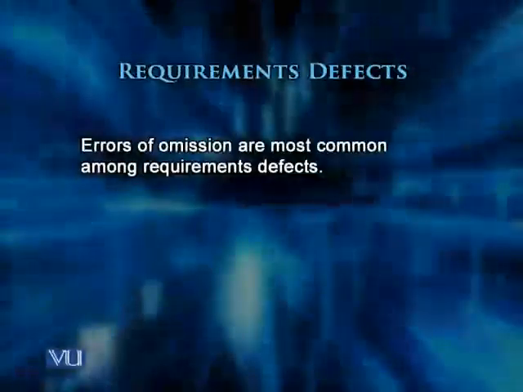Errors of omission are most common in requirements. These are errors which mean that something has been missed out of the requirements, and again it points to the fact that many requirements engineers are not fully trained or educated about the application domain, and as a result they miss out on sometimes fundamental things in the application domain.